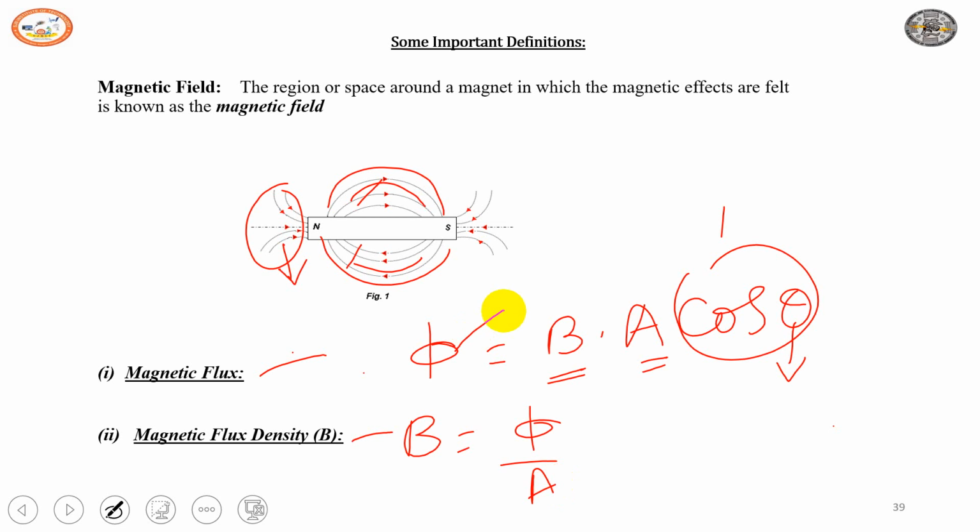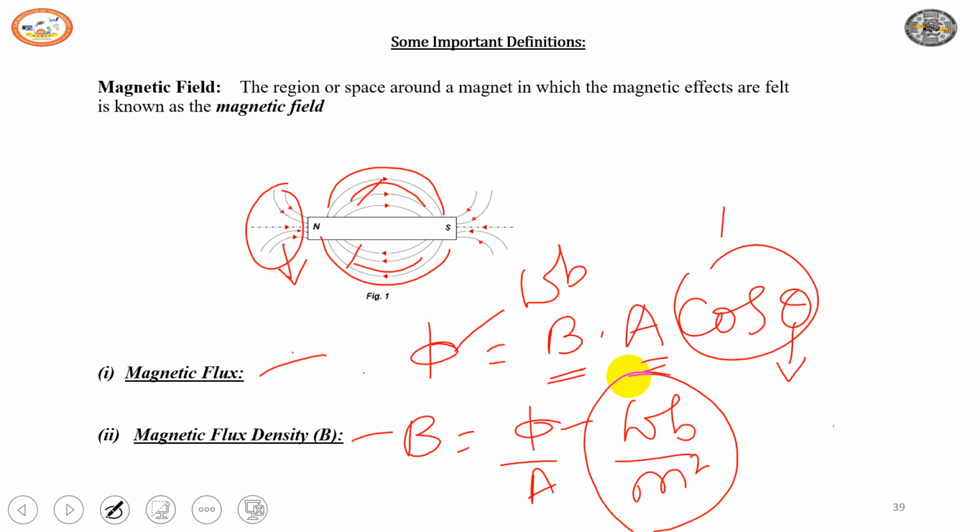The unit of magnetic flux is Weber. The area is in meters squared, so the unit of flux density is Webers per meter squared, which can also be given as Tesla.